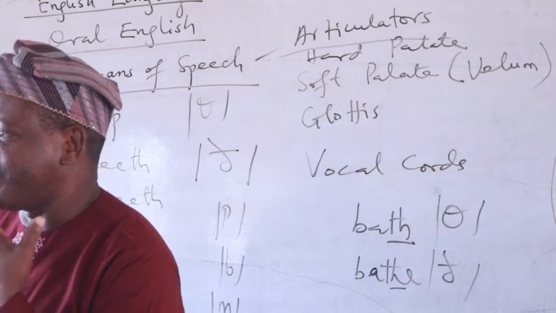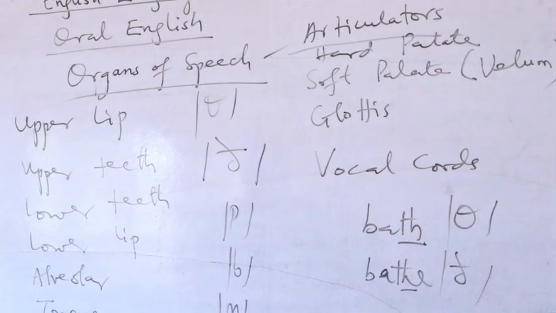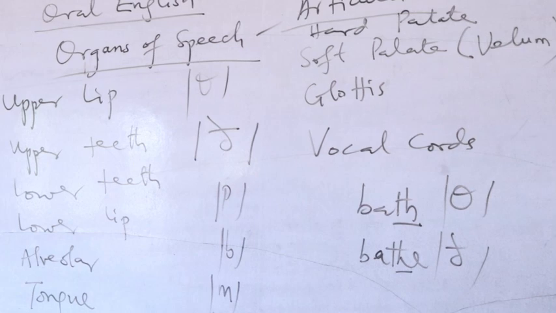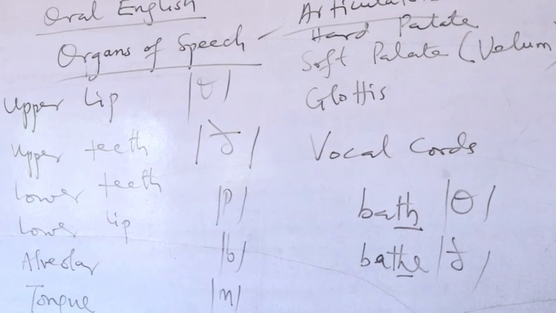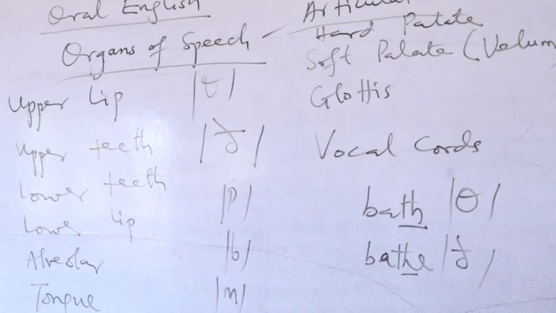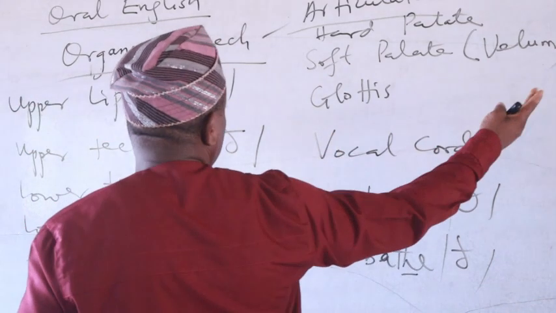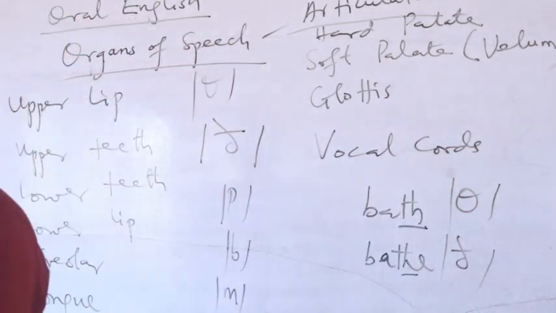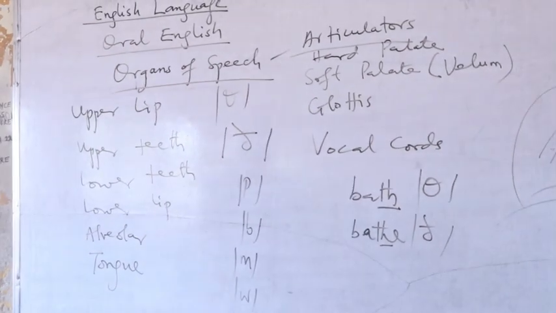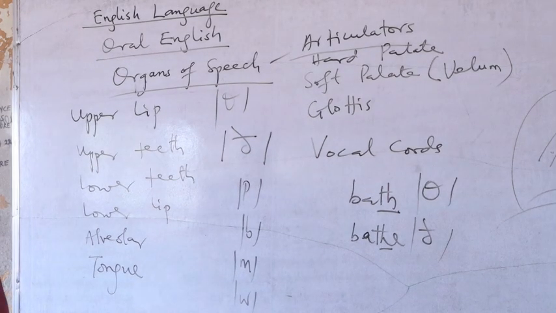Then, in the glottis here, the glottis is what is responsible for whether a sound is voiced or voiceless. When the vocal cords in the glottis are together, and the air coming from the lungs forces its way through to the mouth or the nose, the sound you produce will vibrate in the glottis.